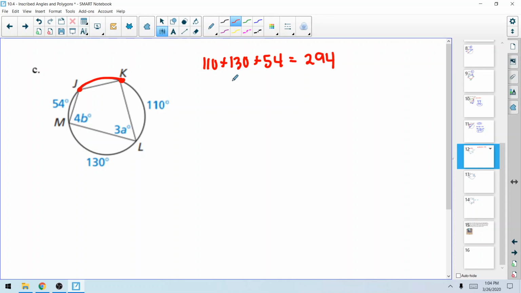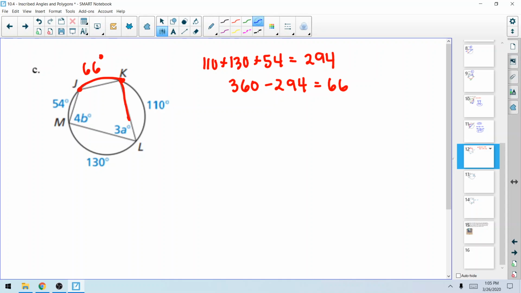I know the whole circle is 360 minus 294 gets me 66. So I know that this arc is 66 degrees. Then I'm going to start looking at the things that I need. So we could start with A, we could start with B, it really doesn't matter. I'm going to go over here and take a look at A.